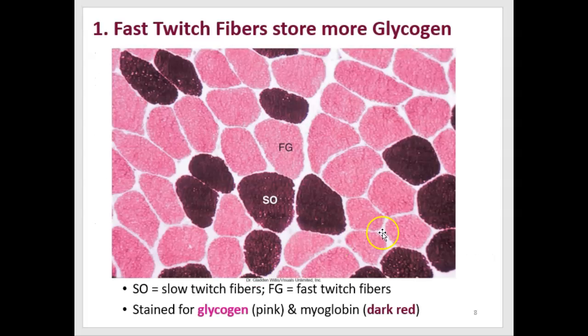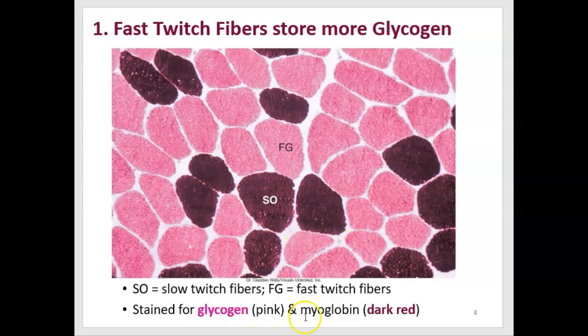As I mentioned, fast twitch fibers store more glycogen than slow twitch fibers. This picture of a muscle has been stained for glycogen and myoglobin. The glycogen is pink and the myoglobin is dark red.